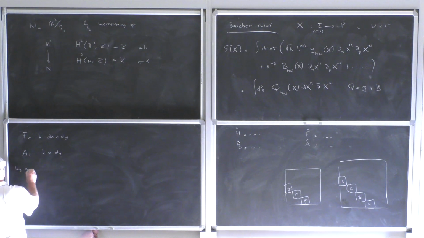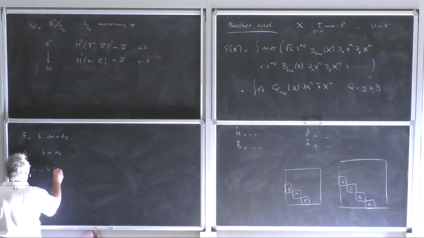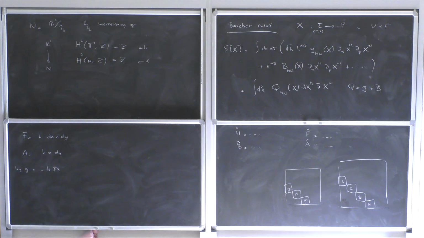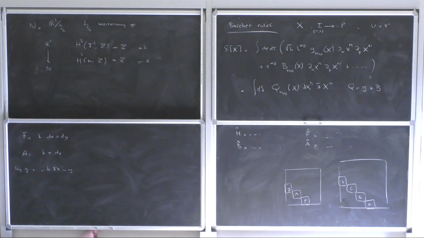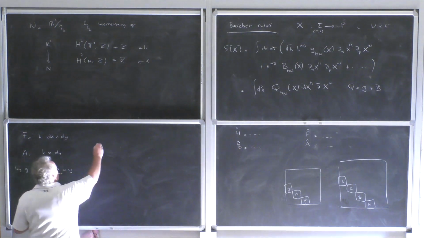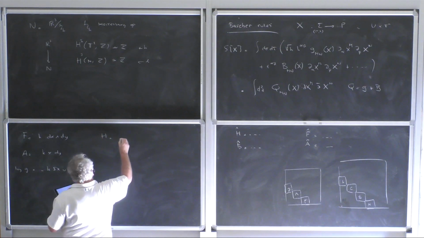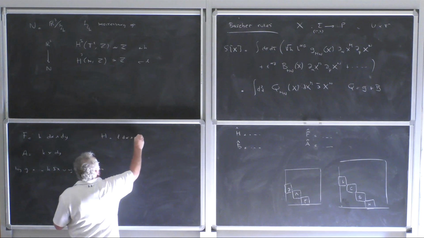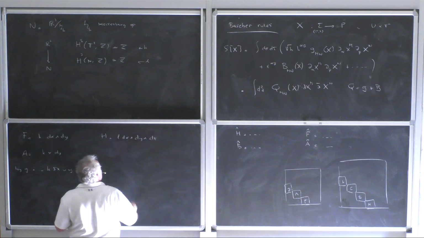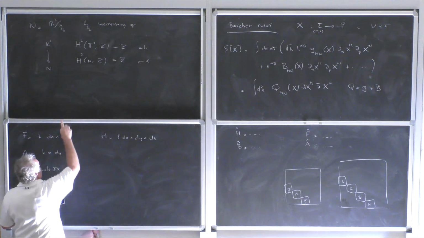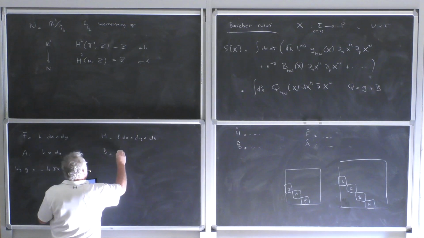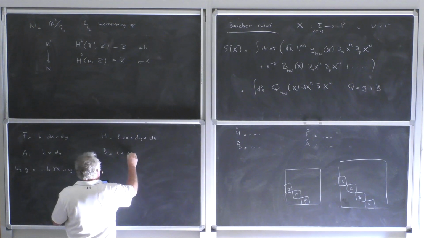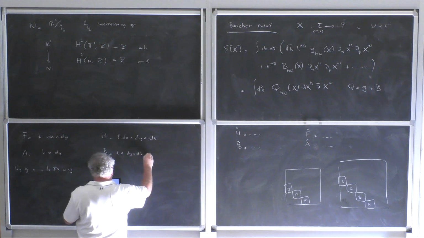Log G minus K, and here's a class in my submersion Cech chains. And H is L. Well, so again, this is just L times the volume form, that's the generator of H3.